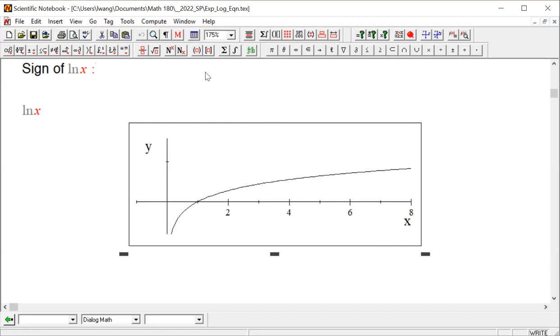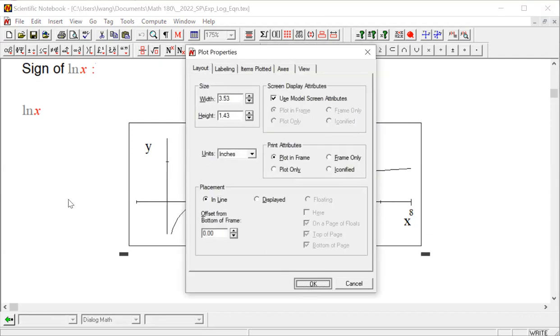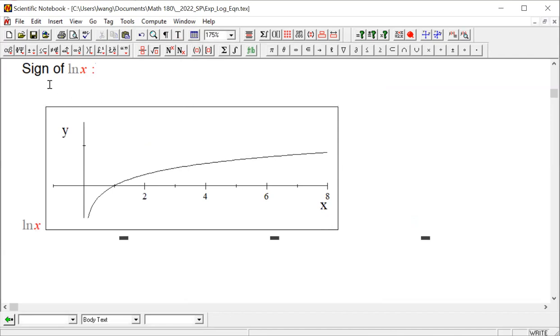So ln x, when does it change sign, right? The sign of ln x. Domain we understand, right? It's all positive. So, on the number line, where does it change sign? It changes sign at 1, right? You see, less than 1, between 0 and 1 is negative, right? So these outputs are negative, and these outputs are positive. And here the output is 0, right?